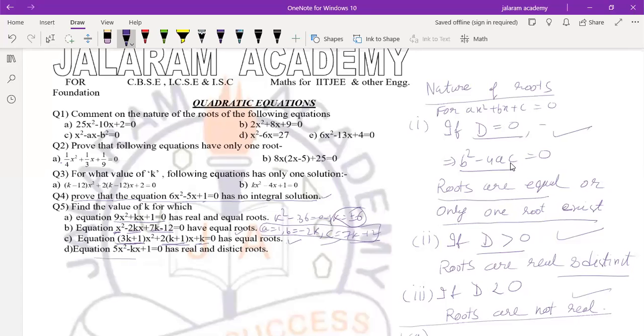Next question, the equation has real and distinct roots. So what should we do in these types of questions, like question number 5d? It is given that 5x square minus kx plus 1 equals 0 has real and distinct roots.